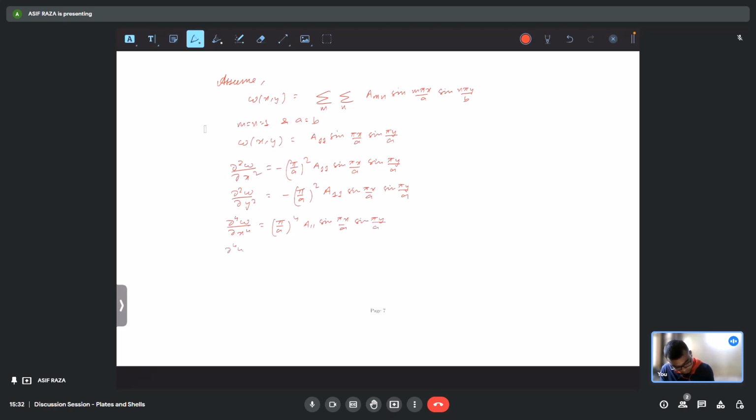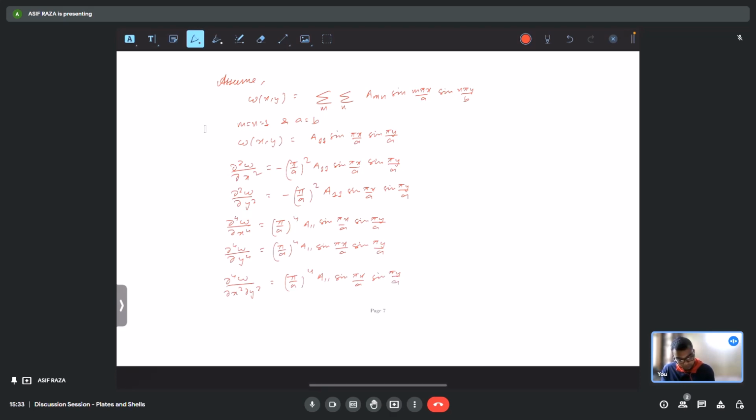Now del power 4 w by del x power 4 is equal to (pi by a) to the power 4 a11 sin pi x by a sin pi y by a, and del power 4 w by del x square del y square is also equal to the same thing, sin pi x by a sin pi y by a.